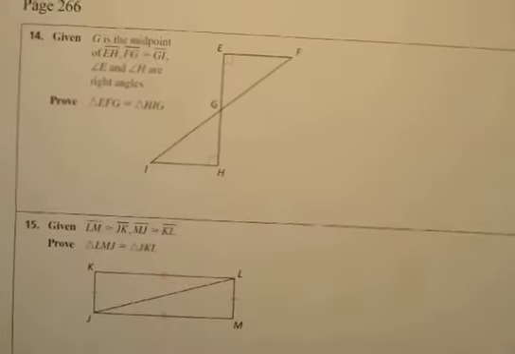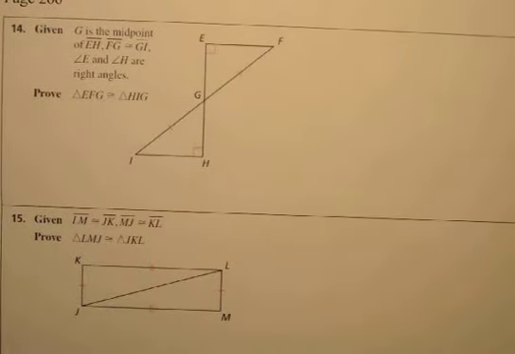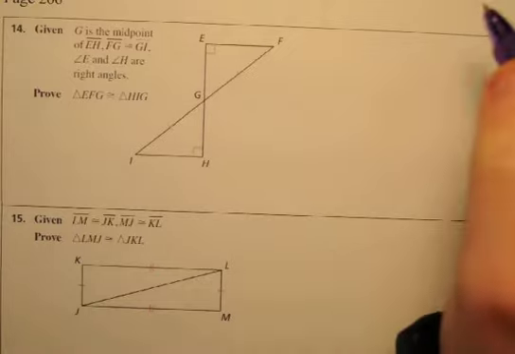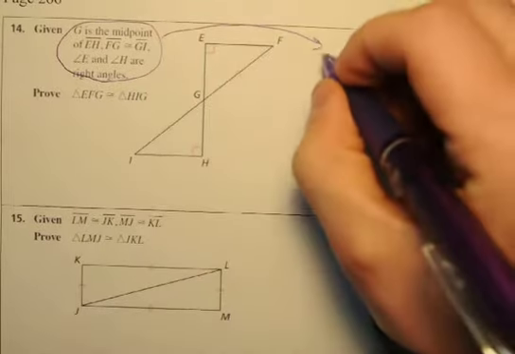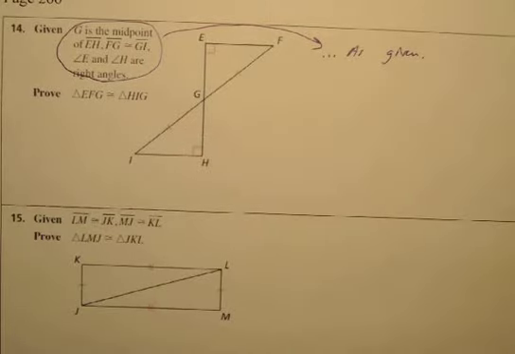Alright, just a few more left, halfway through. And 14 is a paragraph proof. I'm going to cheat. I'm just going to take all of this as given. Alright, so what do we have so far?